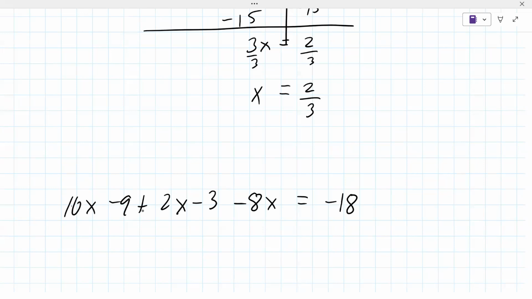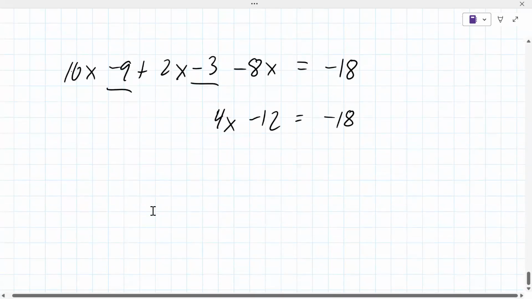That's 4x. It is 4x. And then this time you've got to combine the numbers as well. Minus 9 minus 3 is -12. You have 4x minus 12 equals negative 18. Good.